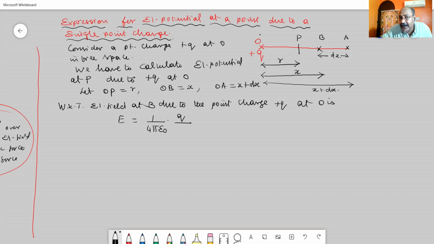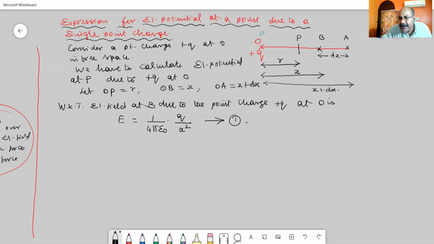Here the point B is at a distance of x from O, so E equals 1 by 4 pi epsilon 0 into Q divided by x square. Let us consider this as equation number 1.